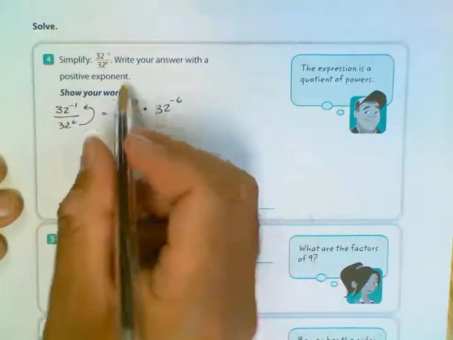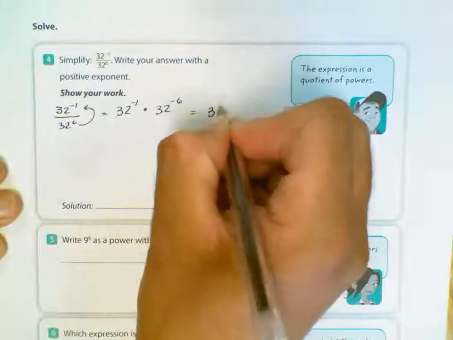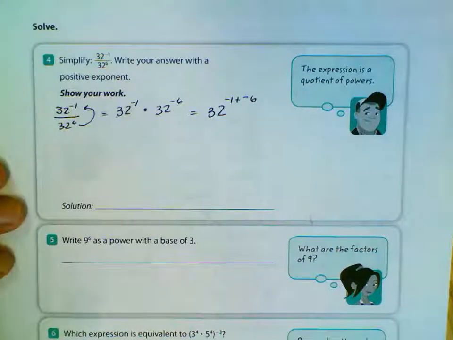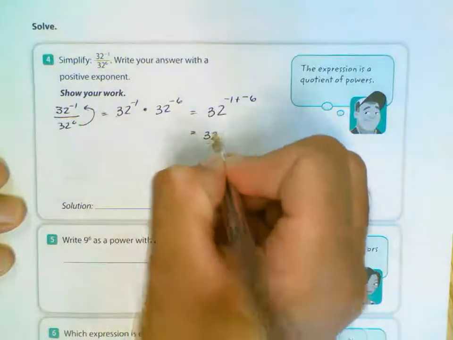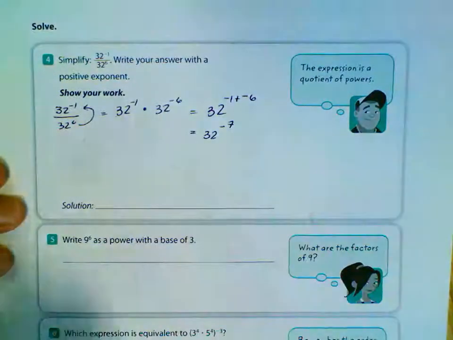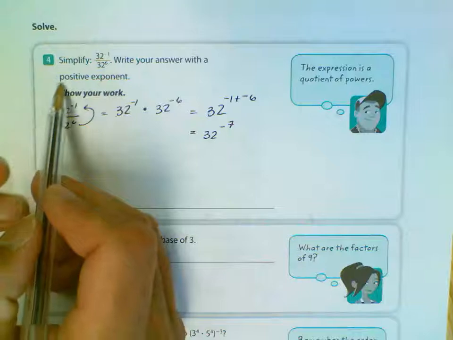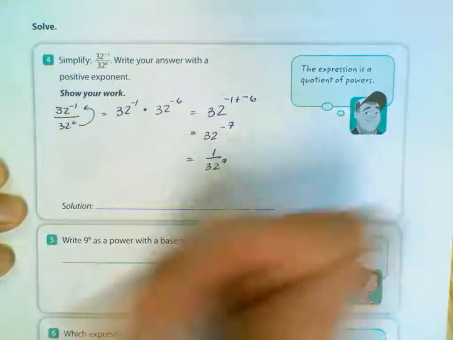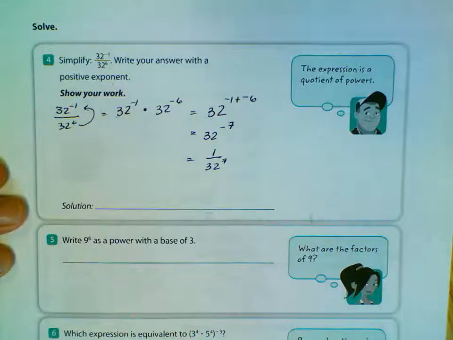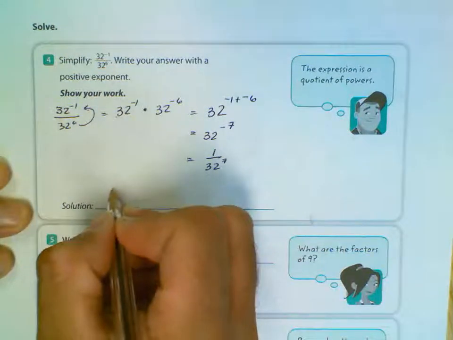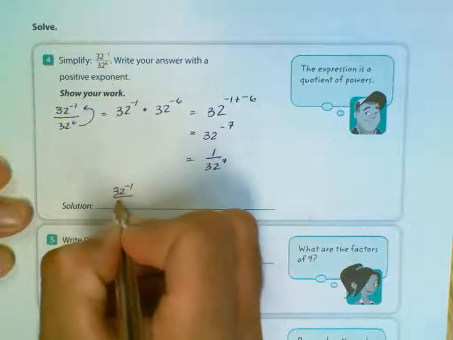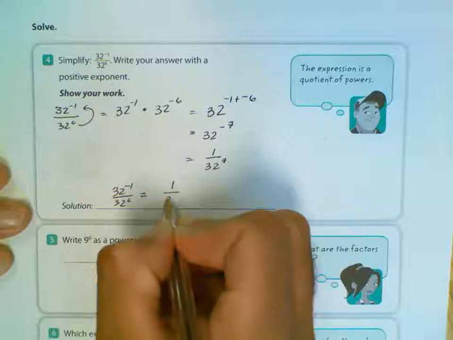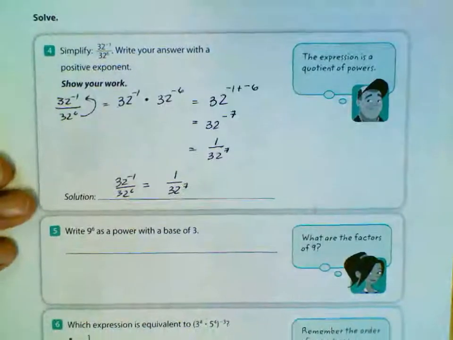Bases are the same, so we add the exponents. Negative 1 plus negative 6 is addition of negative numbers, so I have 32 to the negative 7th power. Remember, answer your question with a positive exponent. So this equals 1 over 32 to the 7th power. Okay? So in this case, your solution is 32 to the negative 1 over 32 to the 6th power equals 1 over 32 to the 7th power.